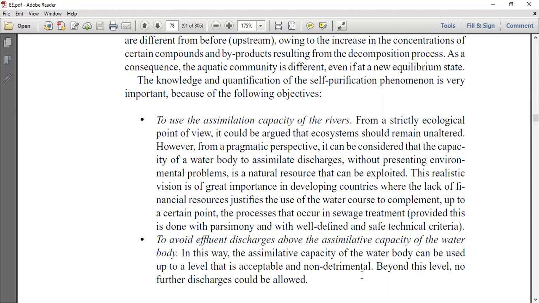But after the saturation point, as the amount of pollutants increases, the assimilating capacity of the water is reached, and after that the water is said to be polluted water. In this way, the assimilating capacity of the water body can be used up to a level that is acceptable and not detrimental. Beyond this level, no further discharge will be allowed.